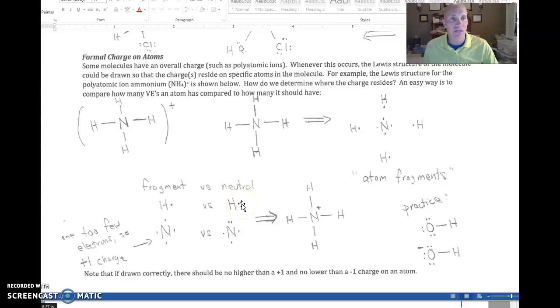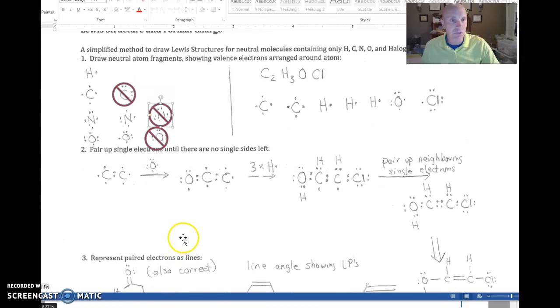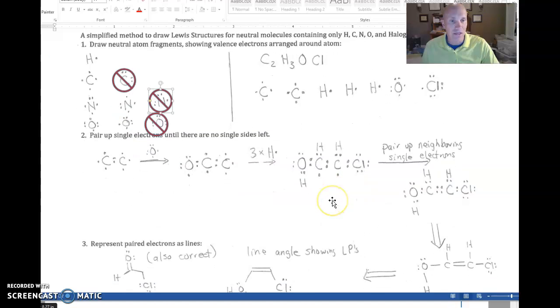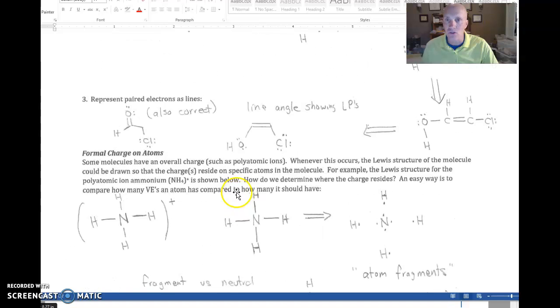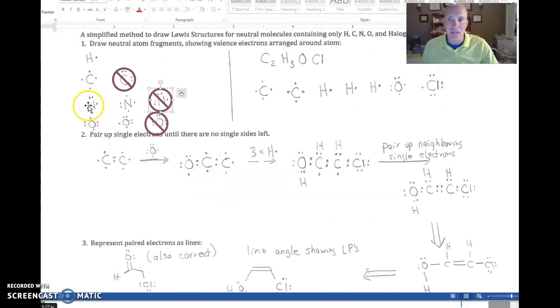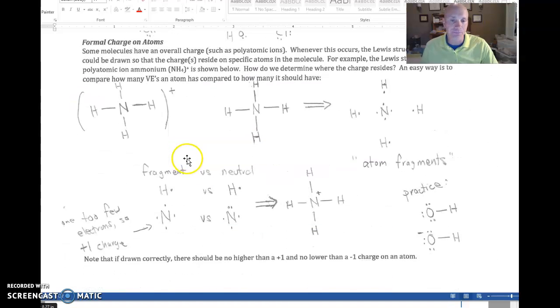And what that does is that proves that the hydrogens in the structure would be considered neutral. All right, but if we take that nitrogen fragment, notice there's 4 electrons, but we know from previous experience that nitrogen has got 5 electrons around it.